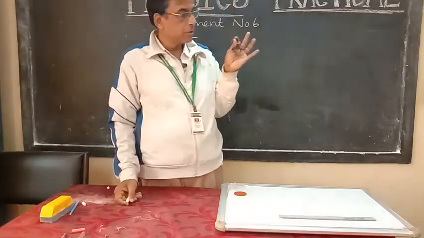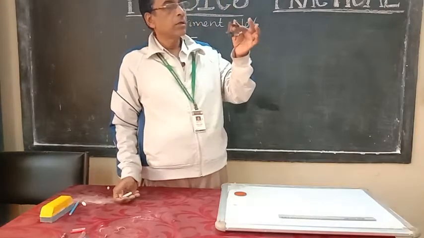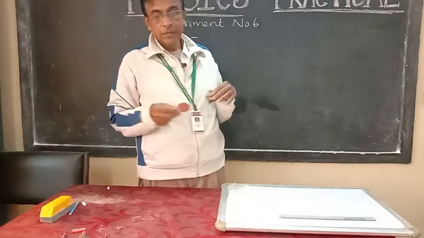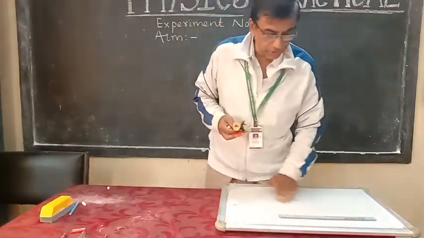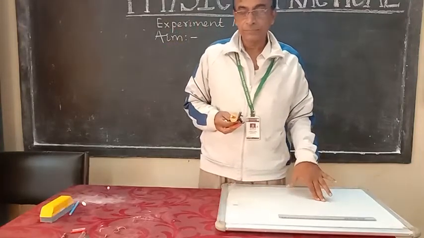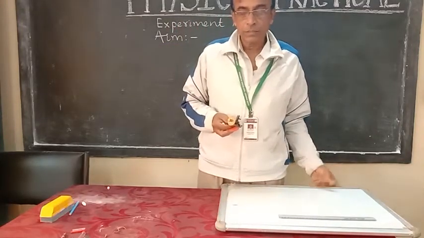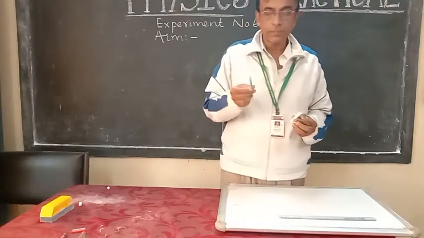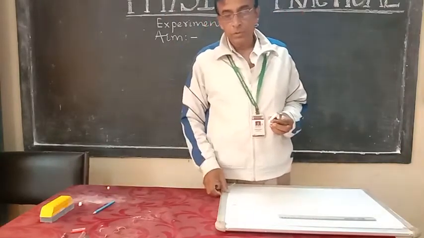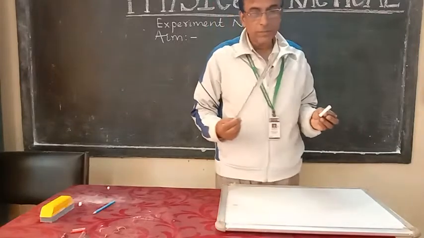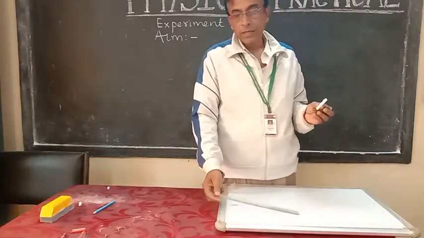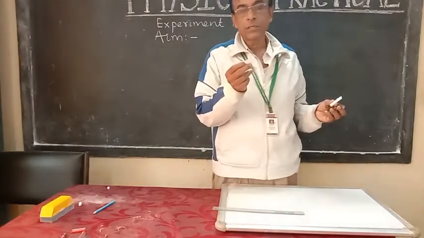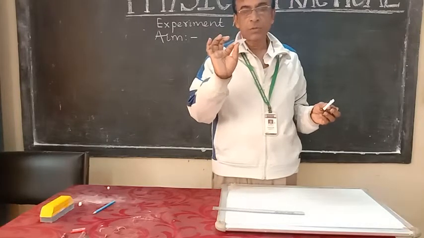The apparatus required is the spherometer, then one convex surface, then you can take a plane surface or a glass slab, then some pen or pencil, one ruler to measure the length, and one very small paper piece.